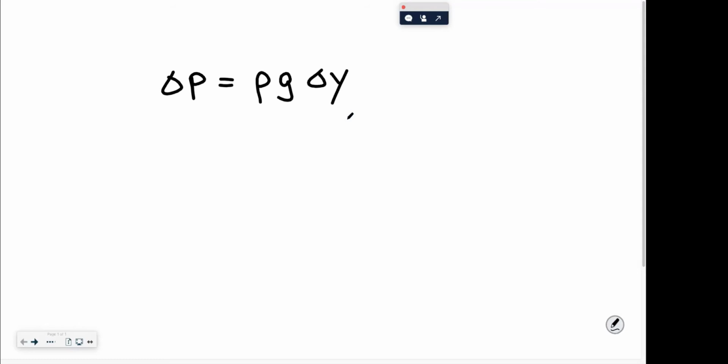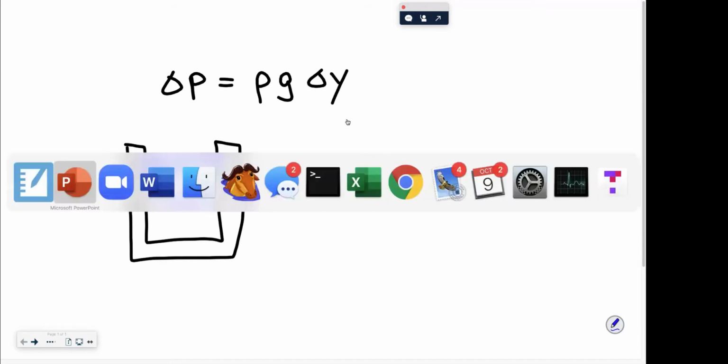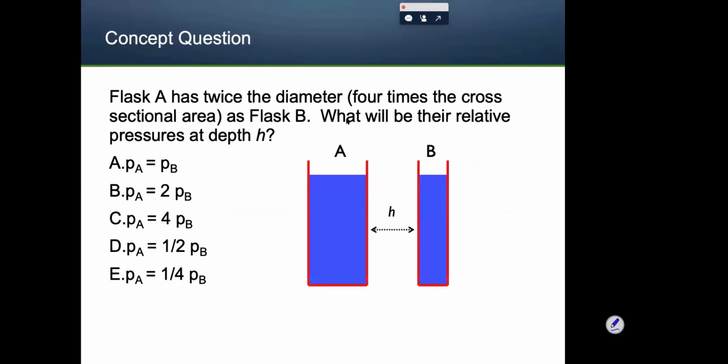So I'm interested now, again, in our container, it's got some fluid in it, and we have already defined some volume element here that we know the sum of the forces is zero on, because it's not moving. Here's a better view of that.